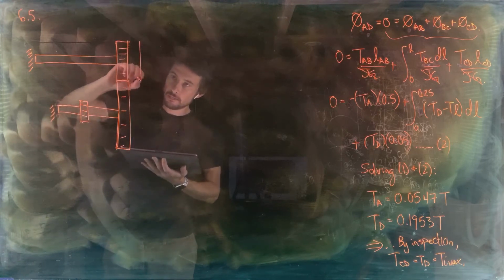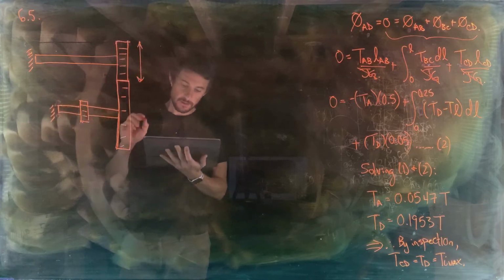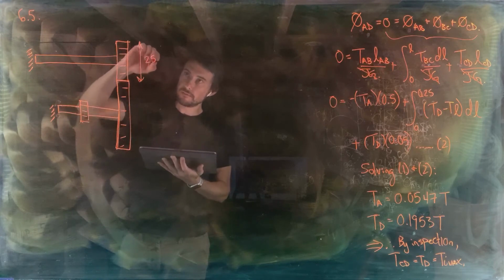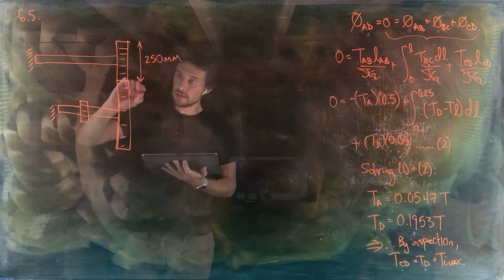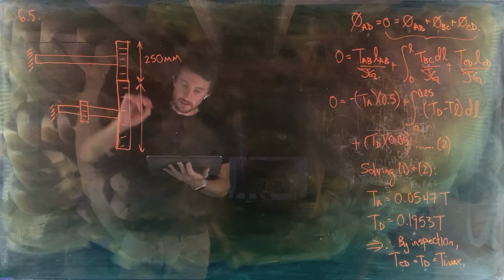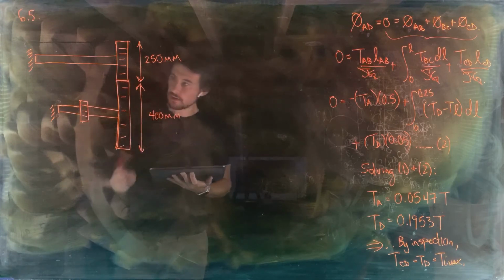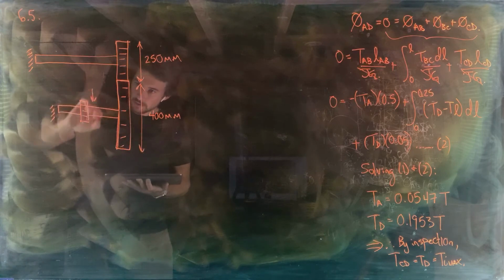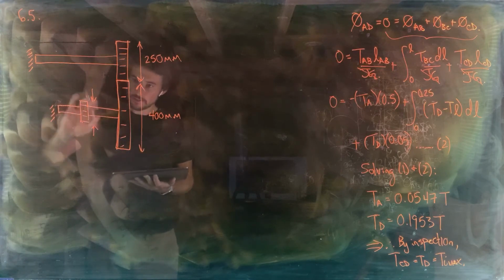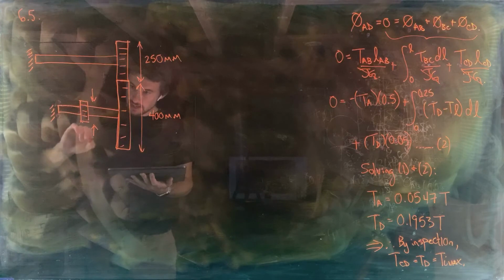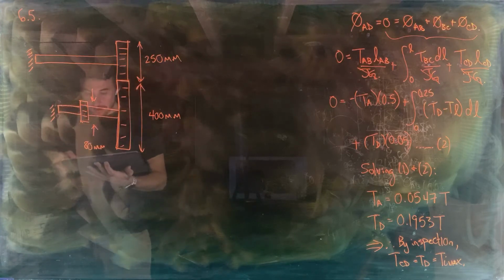Okay, let's put some dimensions on here. The diameter of that gear is 250 millimeters. The diameter of that gear is 400 millimeters. And the diameter of this gear there is 80 millimeters. Okay.